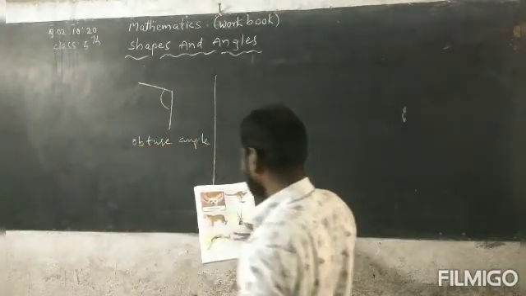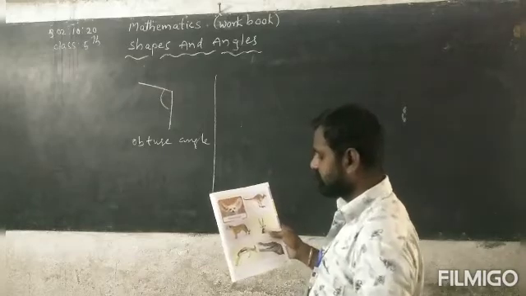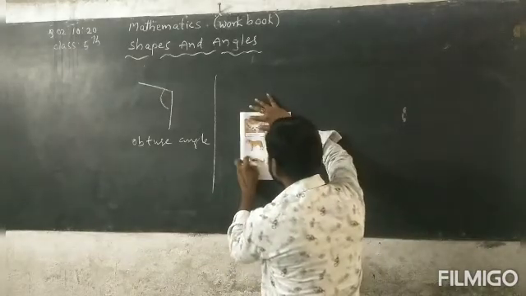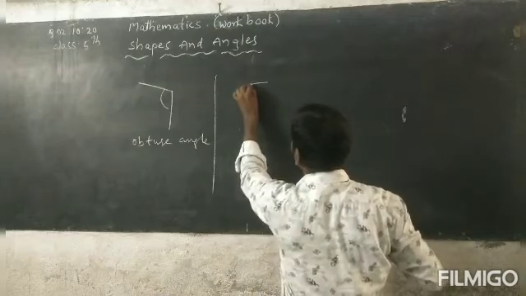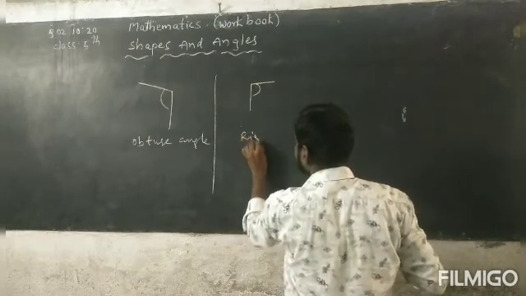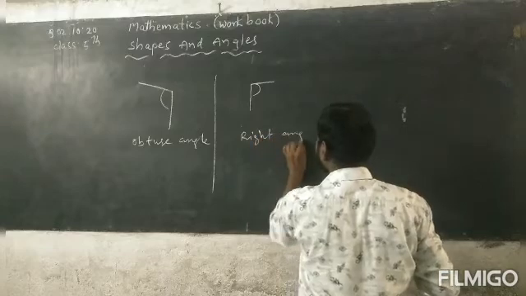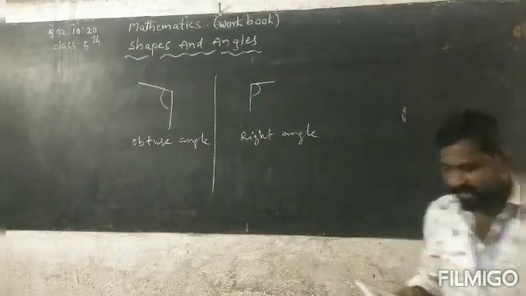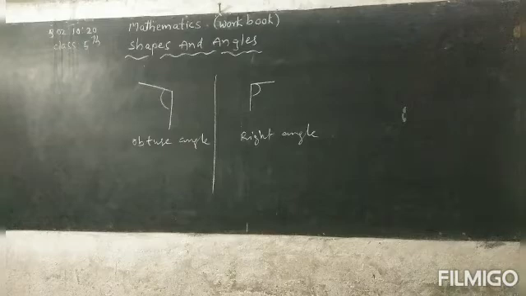Now next, this is a tiger. So first of all observe, what is this? This is a right angle. Tiger, beta, right angle. Now next, deer, beta.